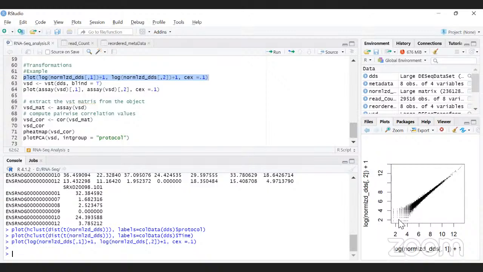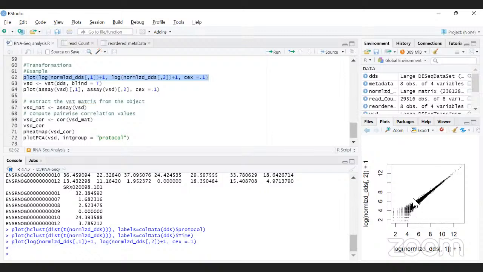So the idea is that when you look at RNA-seq counts, what I've done is I have log normalized the counts of one sample. This is the first sample and the second sample, and I've plotted it on a logarithmic scale. What you can see is that when the counts are very high, the variation of these counts in different samples is very little, whereas when you look at very low counts, there's a huge variation.